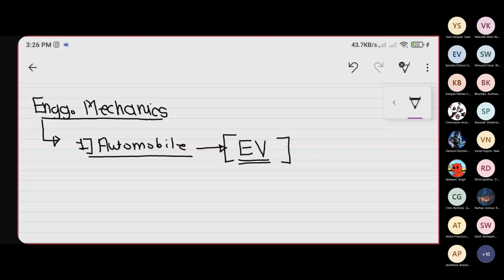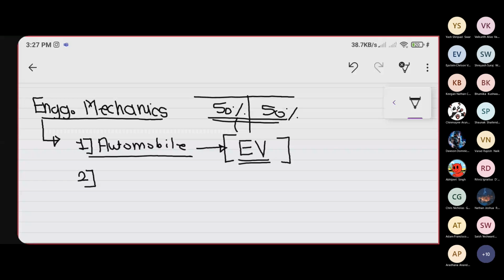So for EV, I will say 50% will be mechanical and 50% electronics engineers required to maintain the battery, make the circuit board, have a capacitor, have a resistor, all those things you need, with the help of mechanical engineering. That's why I have given the application in first place as automobile.